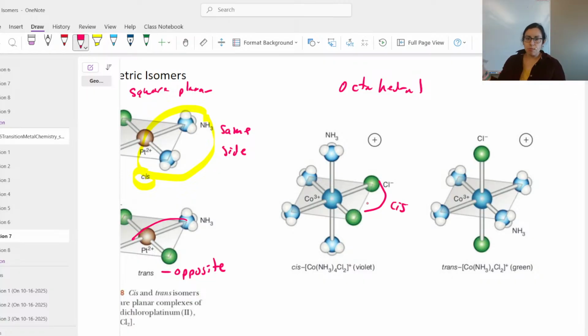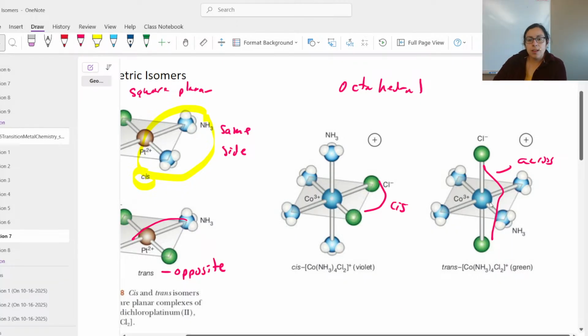Of course we can rotate it: they could be here and here, here and here. All that would still be cis, versus across from each other, which would be trans. Again, you would see this reflected in their MO diagram or stretching frequencies. Same sort of concepts: symmetry in the trans versus asymmetric in the cis.